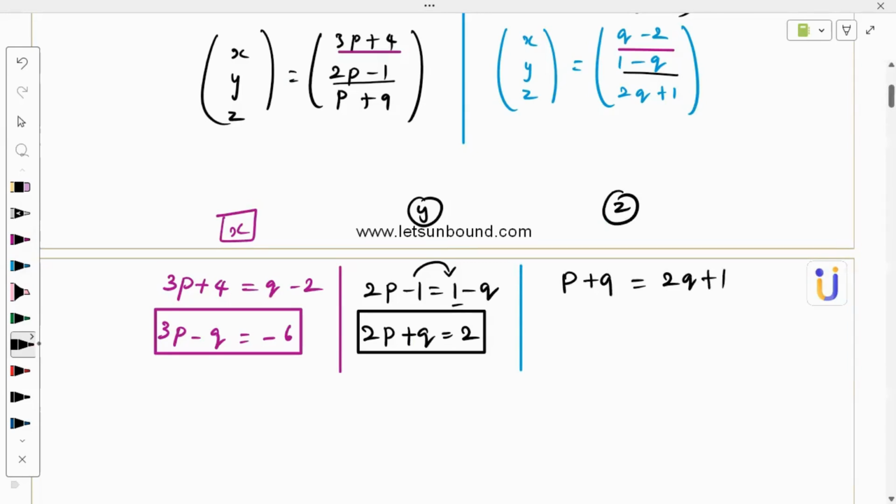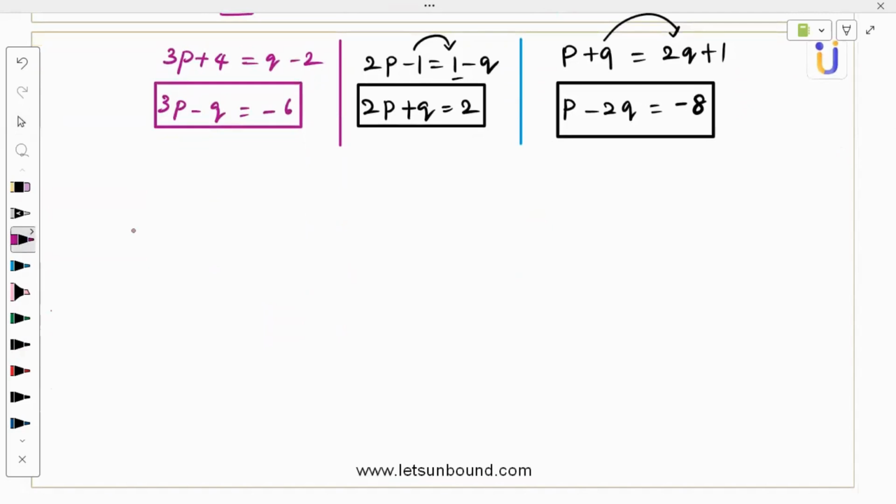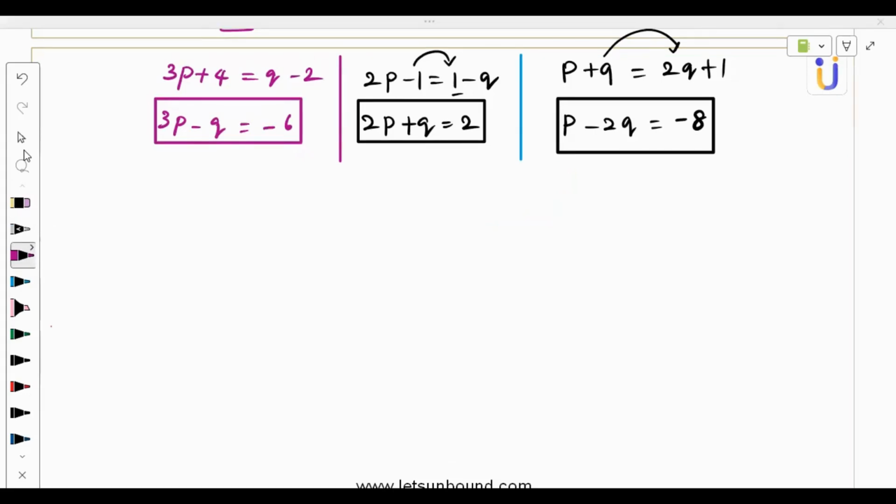So p minus 2q equals 1 minus 9, which is minus 8. Now, using our GDC, you take any two of the equations. One equation we won't take, because with only two variables, two equations are enough, and the third one we will use further.